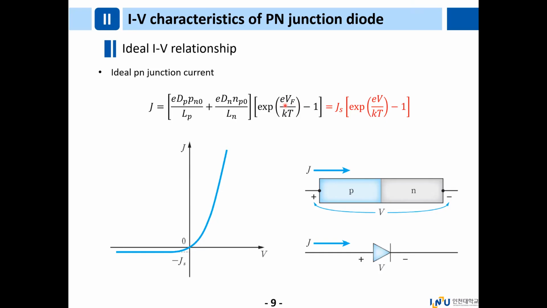And if JS is defined as this one, the final ideal diode equation can be obtained.